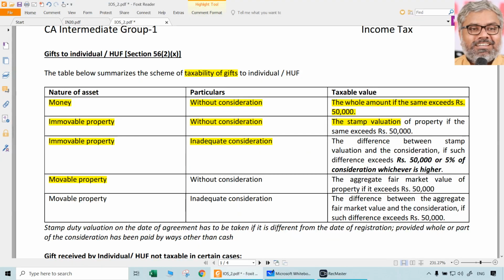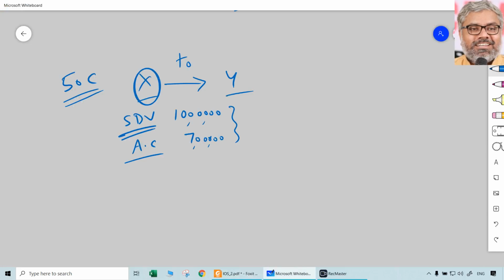So as far as capital gains is concerned, this inadequate consideration is not like a gift. Though we call it a gift here, it is just like transferring an asset for consideration lesser than stamp duty valuation or fair market value, as the case may be. Stamp duty valuation is taken for immovable properties, fair market value is taken for movable properties. We'll come to the movable properties later. Let us stick to immovable properties.